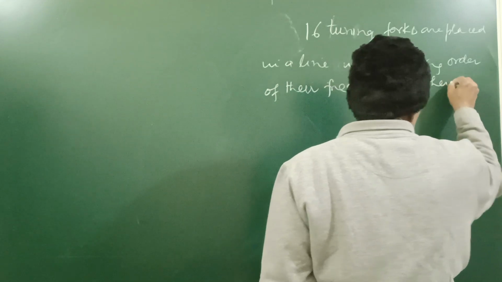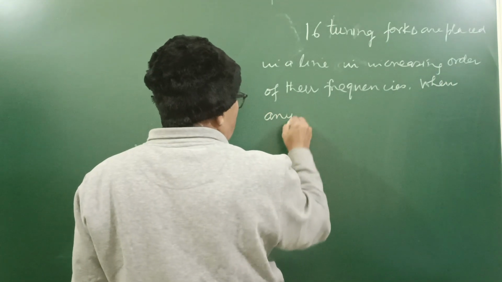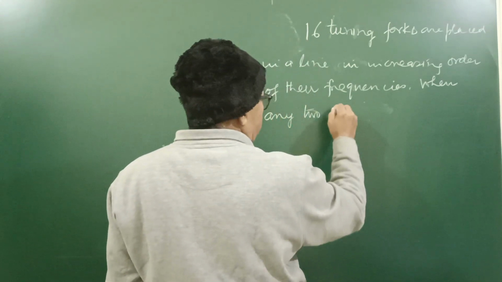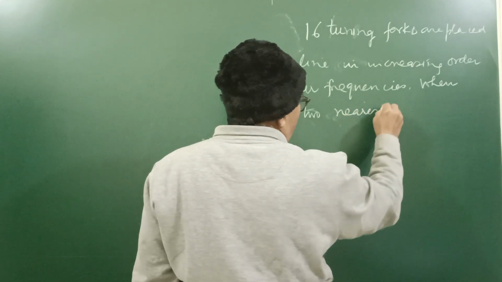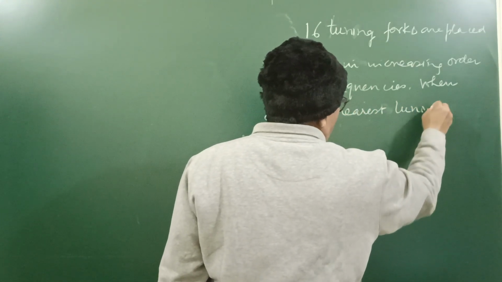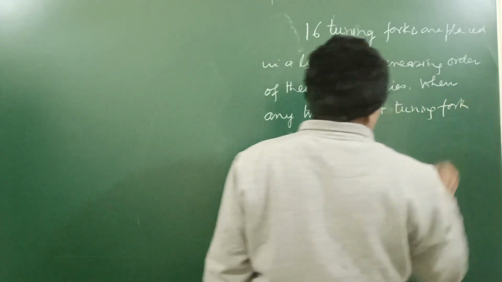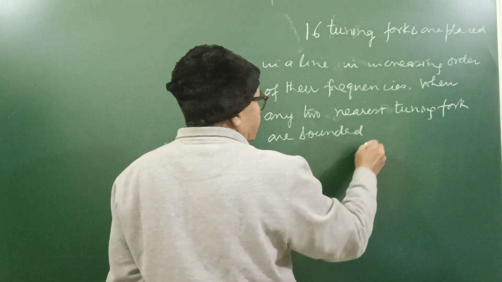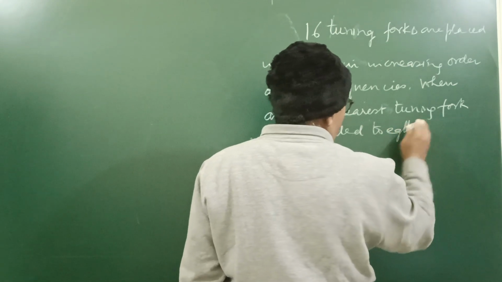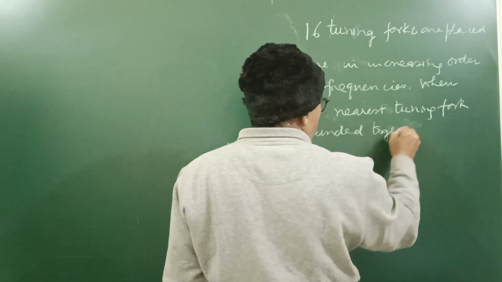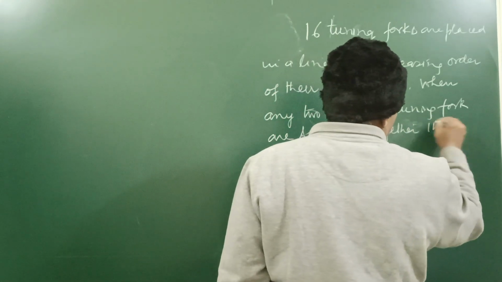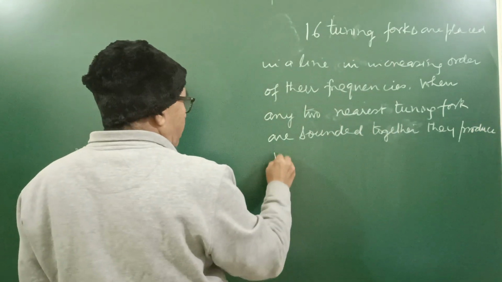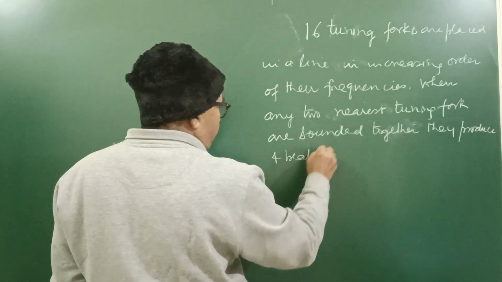When any two nearby or nearest tuning forks are sounded together, they produce 4 beats per second.